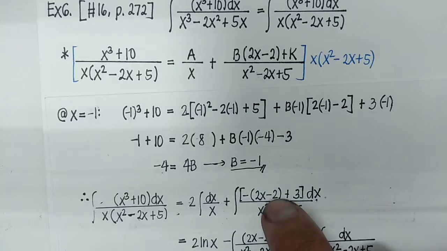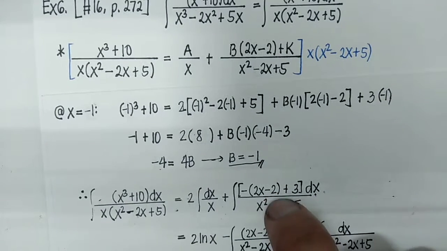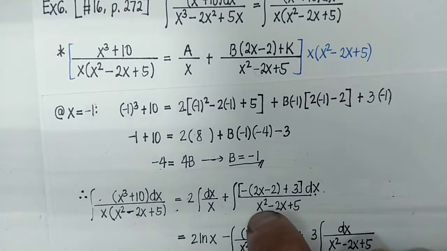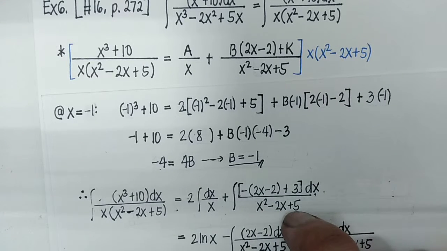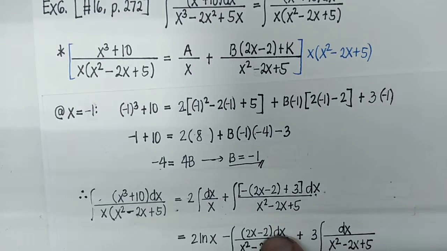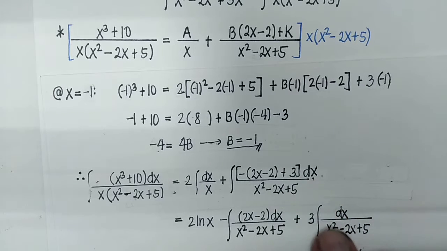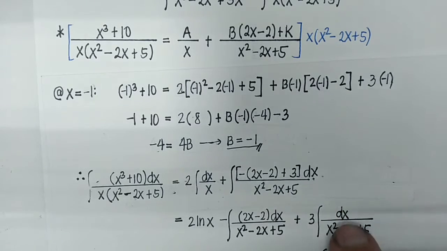Let's break apart the numerator. The 2x minus 2, we keep all together. So never break them apart, because, again, as we noted, 2x minus 2 is the derivative of our denominator. So keep this one as a unit, as we did here. And the 3, we separate it to give us this third integrand.